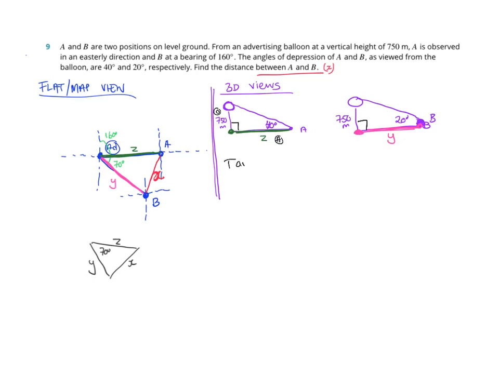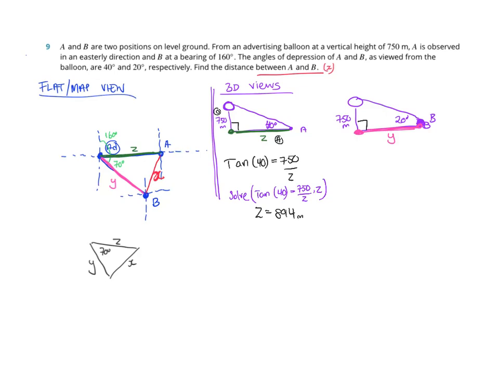So I can say tan 40 degrees equals 750 over Z. So you can use your solve function for that to find that. So we can just go solve tan 40 equals 750 over Z, comma Z, and we get Z to equal something. So I get Z to equal 894 if I just round to meters.